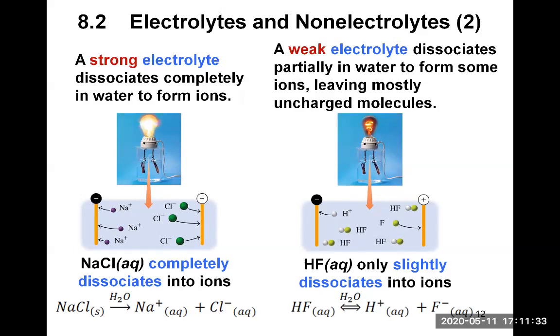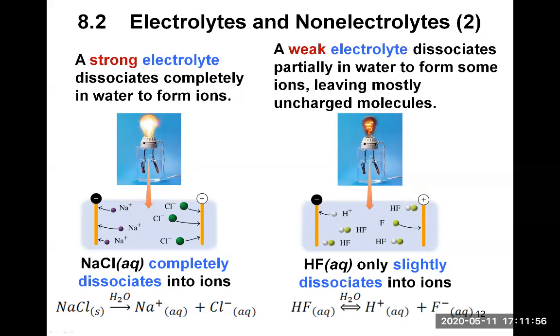When you place it in water, if you look at the equation below, it becomes H plus and F minus ions, but you see also that the arrow is not an arrow going from left to right. It's a double arrow that shows that it goes both ways, to the right and also to the left.